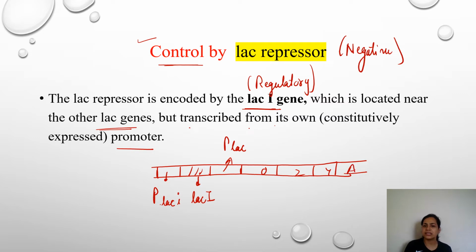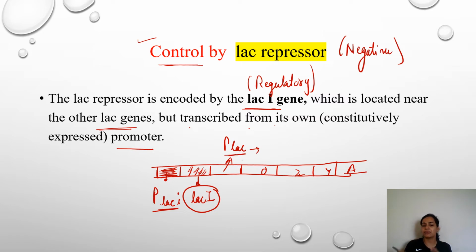So you can see here the Lac repressor is coded by the Lac I gene, which is located nearby the other Lac genes. But this Lac I has its different promoter. Its promoter is different. This is the promoter of Lac I, and the promoter of the other Lac genes, Lac ZYA, is the Lac promoter.